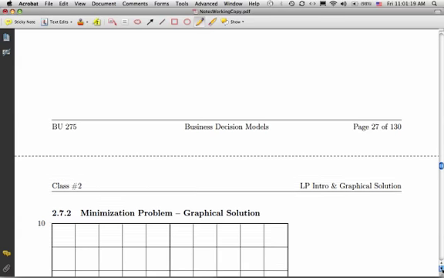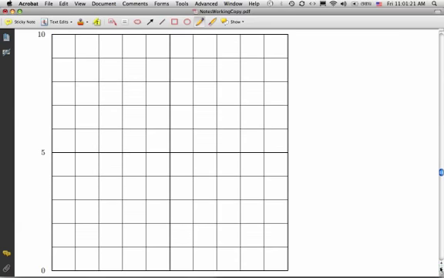So here we go. Looks like it's all going to fit on there. So again, we want to plot the lines, say 2x1 plus 4x2 equals 16.